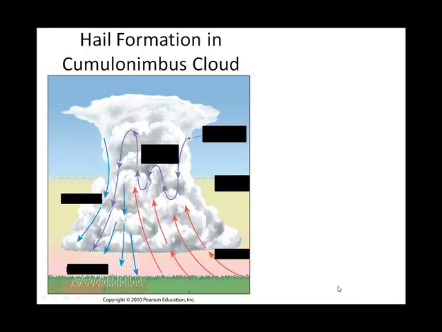So here's our cumulonimbus cloud, just to talk you through this. That red line, we'll be talking more about this when we talk about severe weather, but this is the updraft. Literally, it's air relocating from lower elevations up. And here is our downdraft, over here in blue lines.